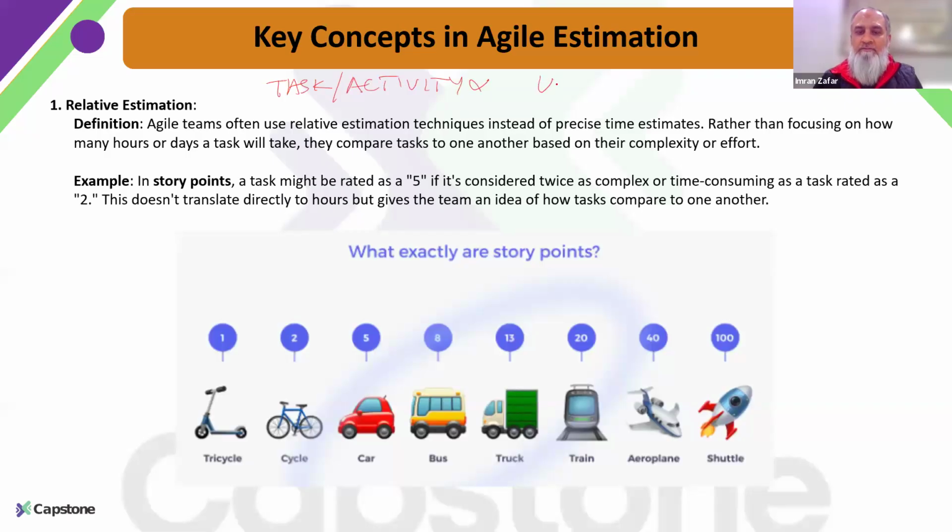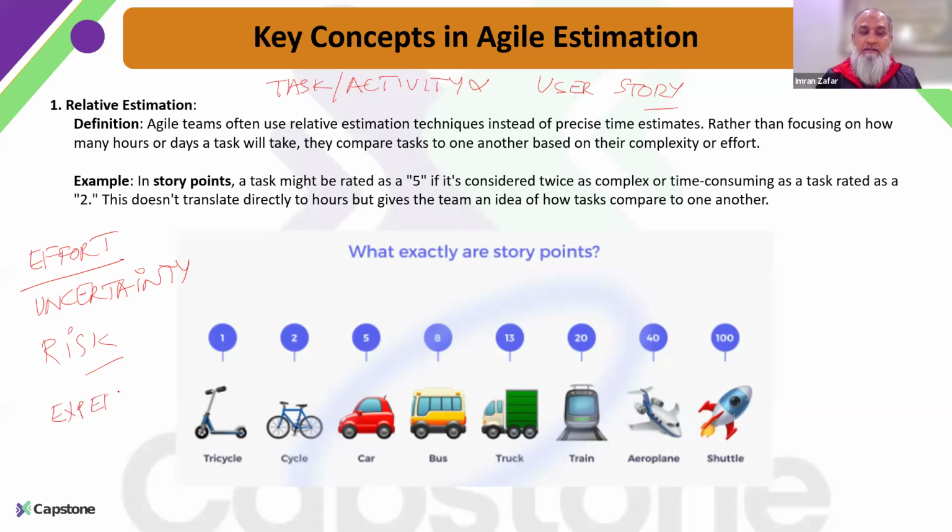In Agile, we have the user story, and for any particular user story that is accepted and agreed, with the relevant acceptance criteria associated with it, the team decides how much effort is required to complete that user story, how much uncertainty is revolving around developing it, how much risk there can be, and how much experience the team has in developing that kind of scenario.